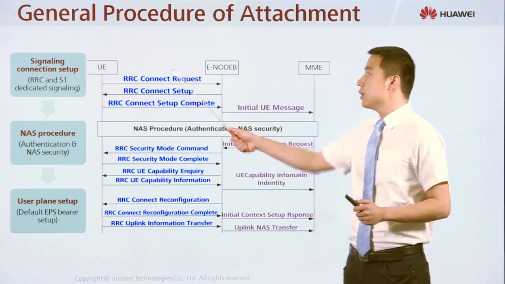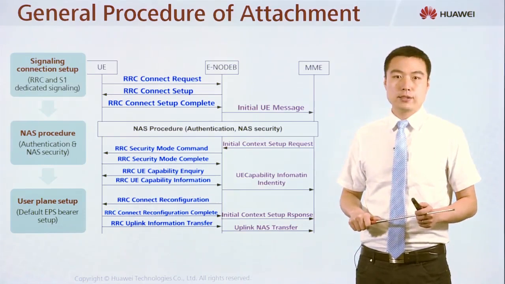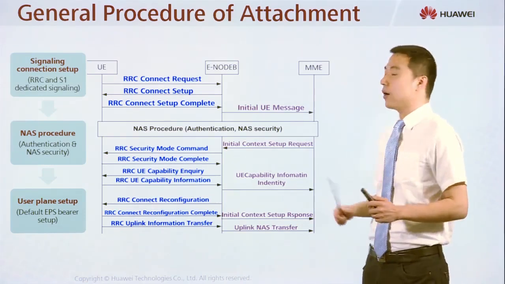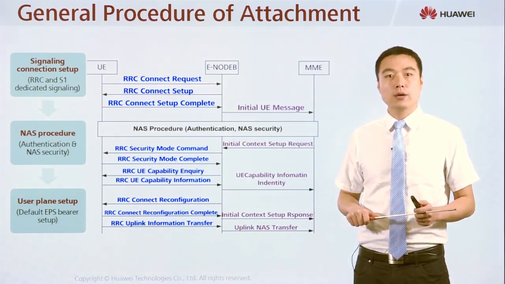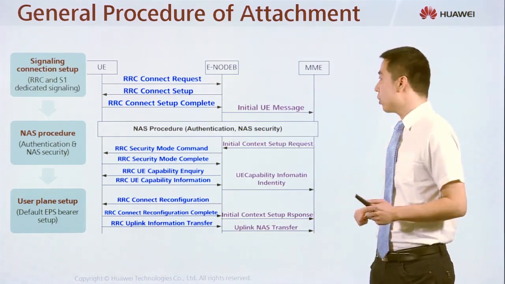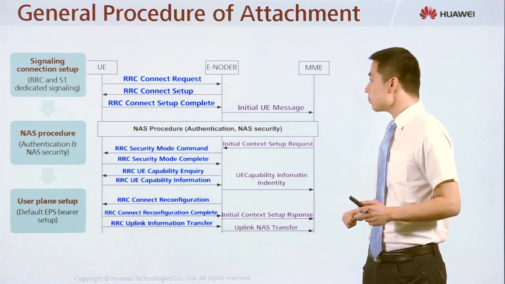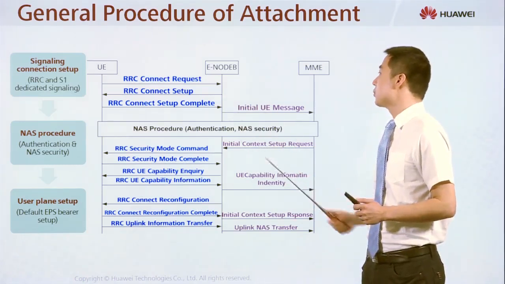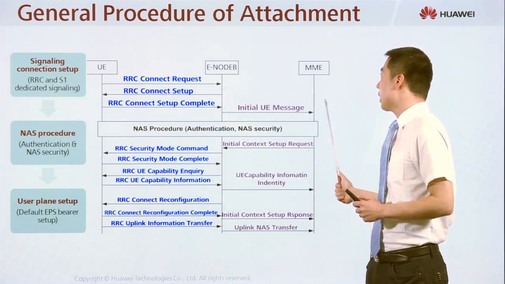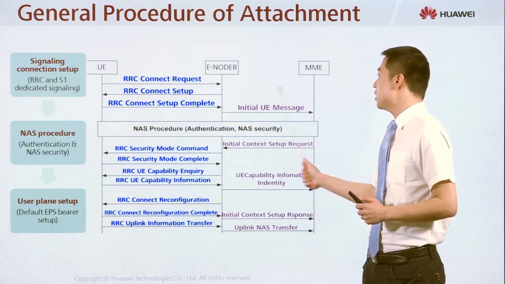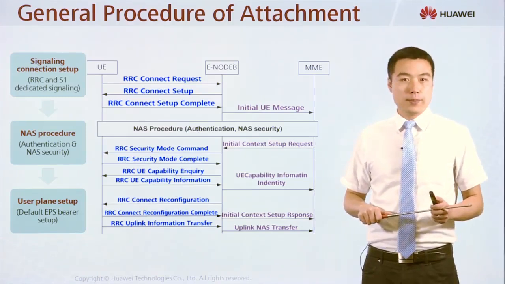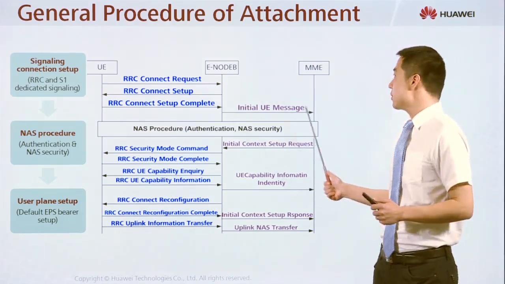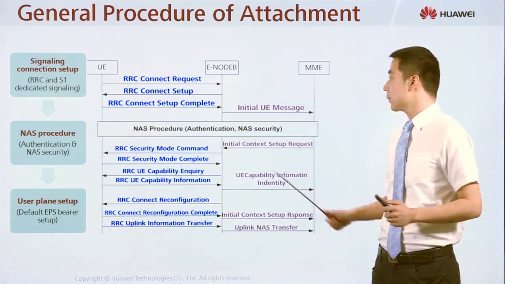Sometimes the UE may want to set up services, maybe voice call or PS call. Which kind of services the UE wants to set up, the UE will tell the MME through this initial UE message.